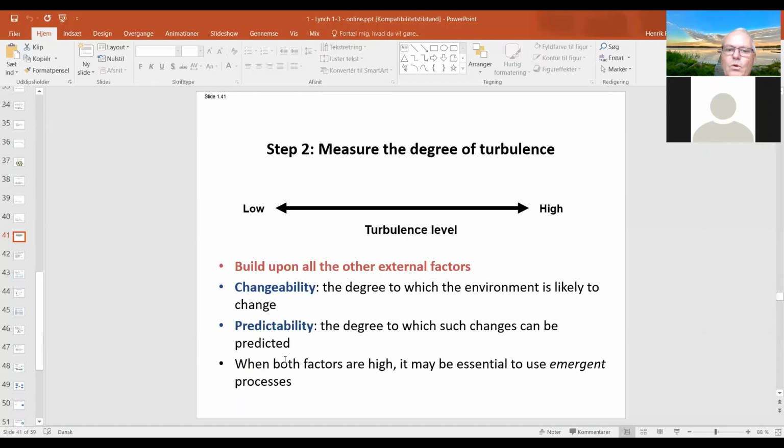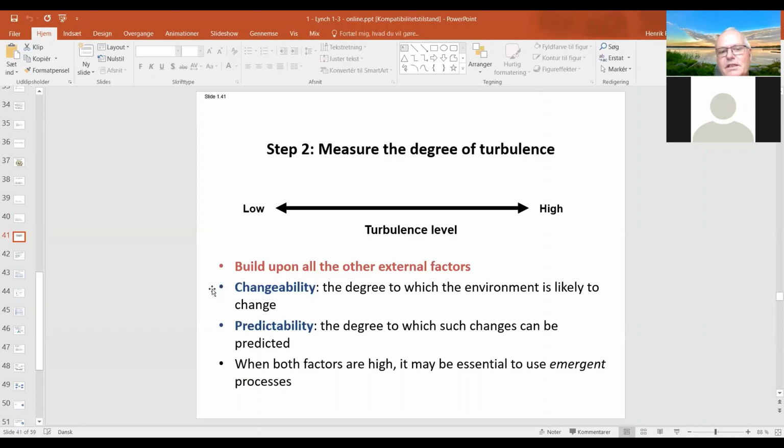And getting more and more experienced, you will be able to, on a continuous basis, understand the changeability of the market and the predictability. That means the idea that you can actually kind of predict what is going on. So the turbulence level depends on how fast the environment is changing and whether we can predict it. Just a little example.